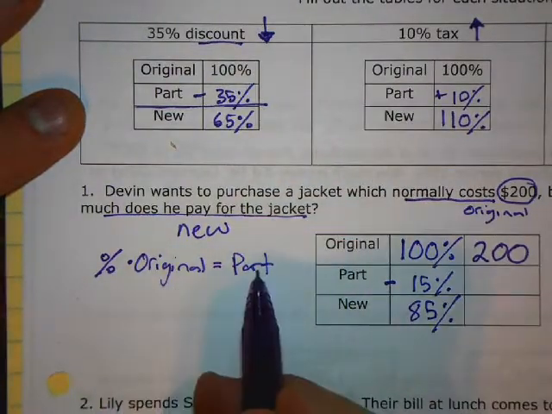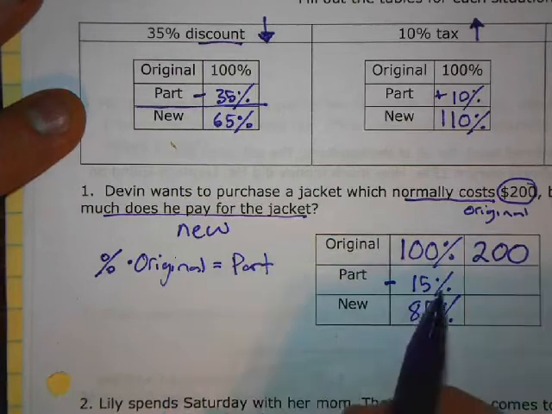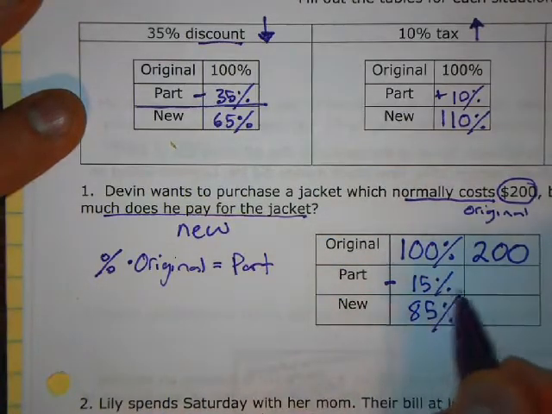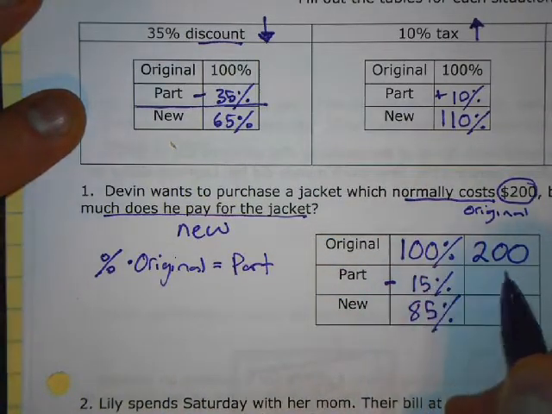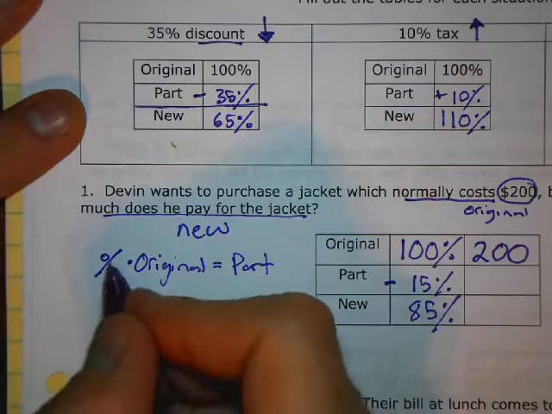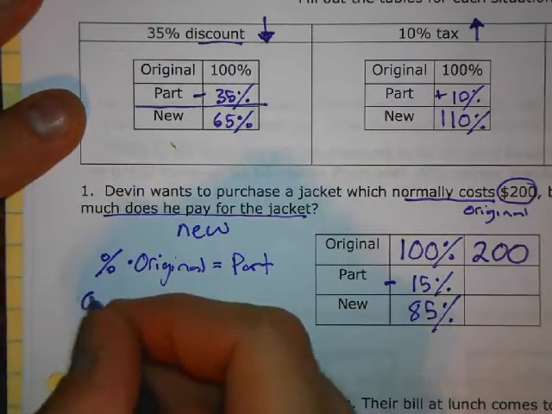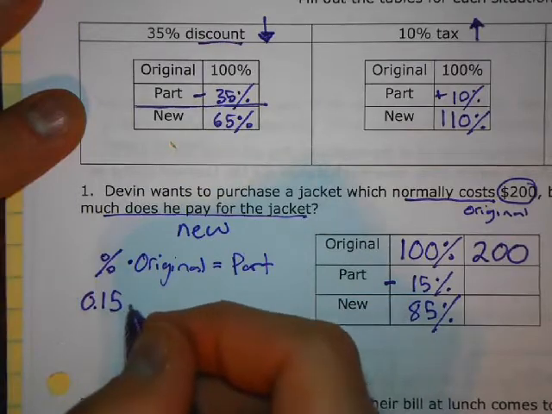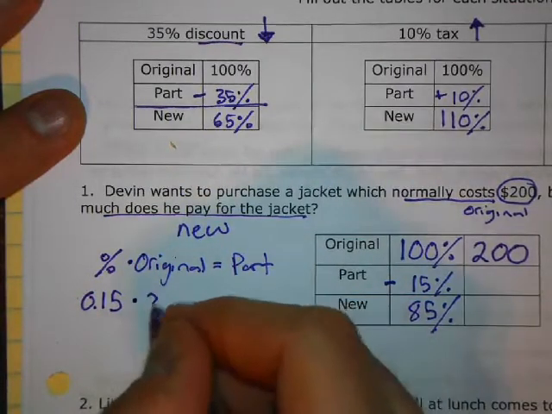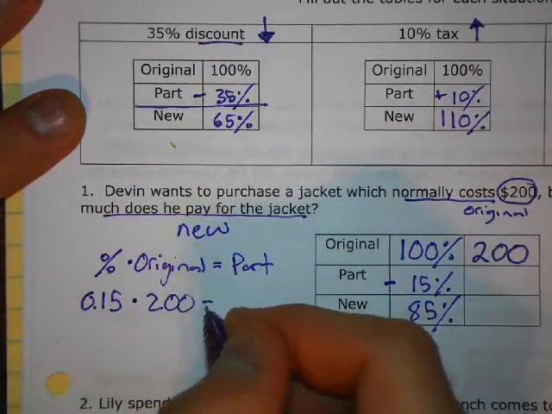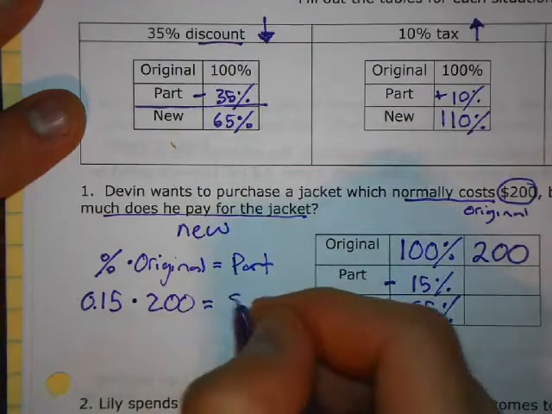Percent of something tells us that part. So in this case, if we want to find 15% of 200, we're going to change that percent to a decimal, 0.15. We're going to multiply by 200, and we're going to get the part. In fact, that part is 30.